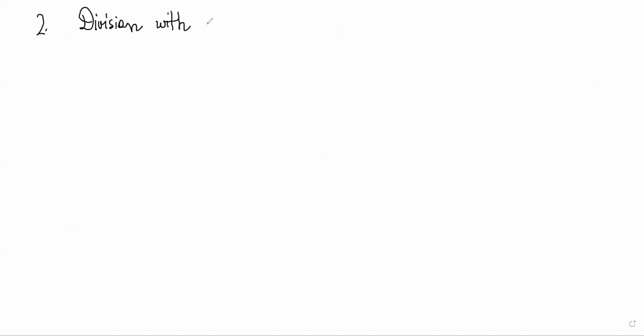Division with remainders. Okay, so what is the standard theorem here?